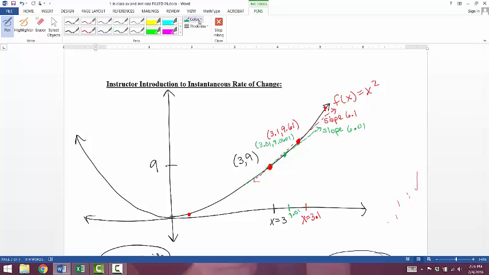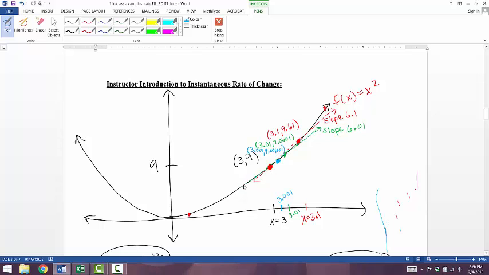And again, my goal is to find the slope at the instant when x is 3. I'm going to do that by getting even closer. Let's look at x is 3.001. So that's even closer to x equals 3. If you were to label this point, this is x is 3.001, y is 9.006001. I'm really close now to x equals 3.